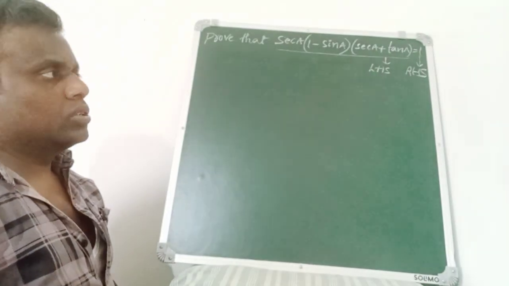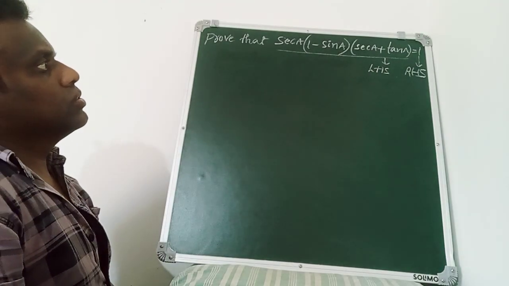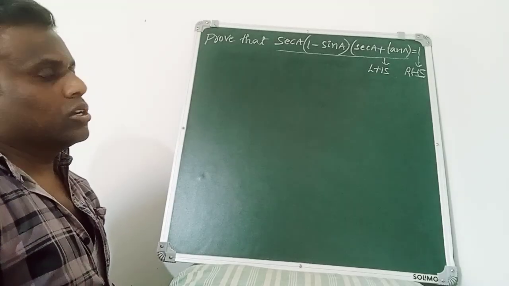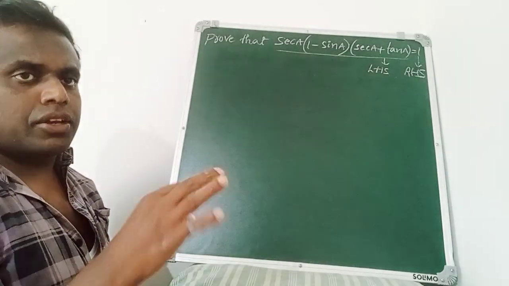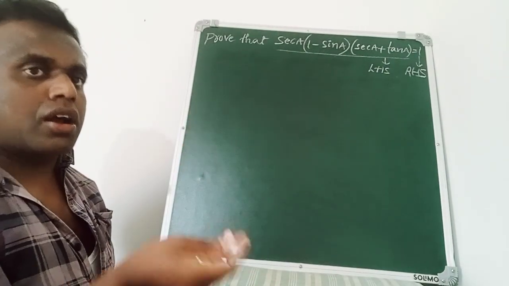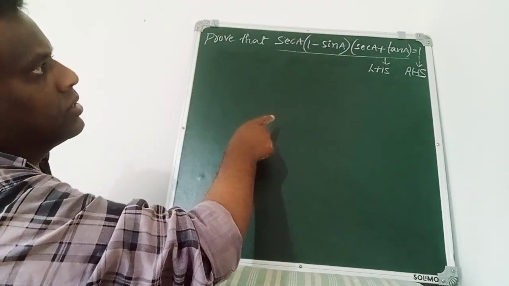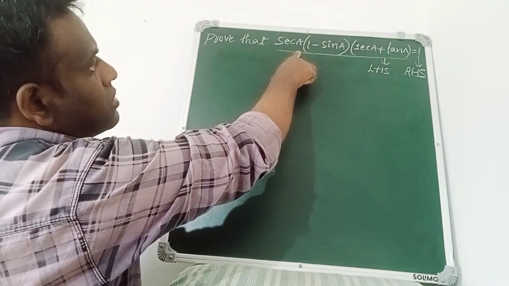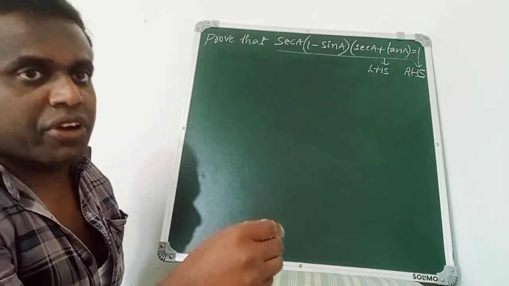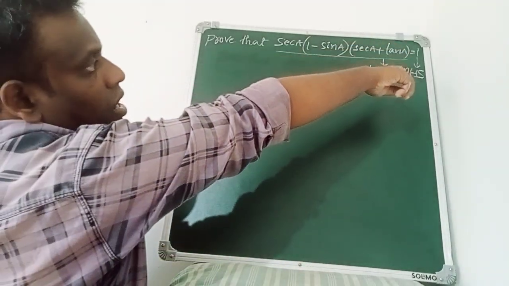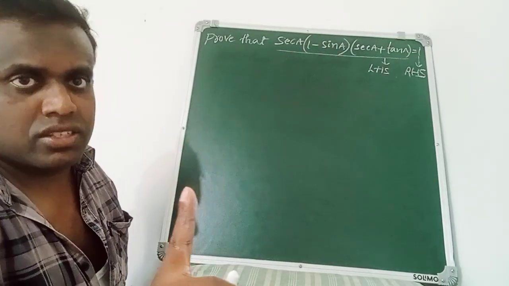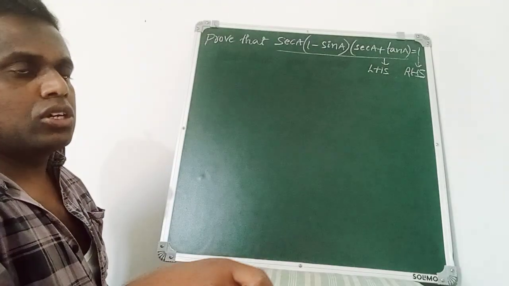Now, to prove, either we have to take LHS first or RHS depending on the type of problem. But here, the left hand side is not in simplified form. On the RHS, just 1 is there, that is simplified form.